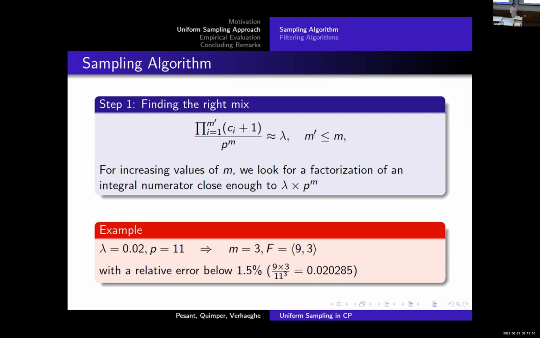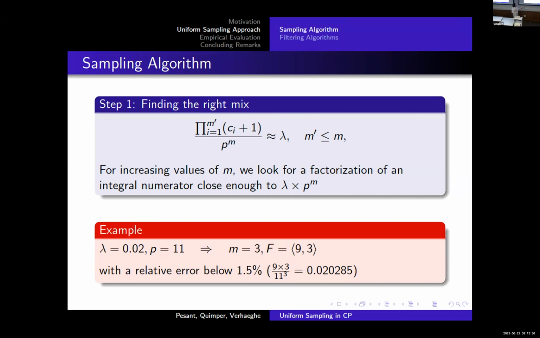So an example here. Say we want 2% of solutions. So lambda is 0.02 and p is 11. Maybe your domain size is up to 10, so you're picking the next prime, 11. And that will give you, for example, m equal to 3. So I will use 3 constraints. Your numerator is 27, 3 times 9.